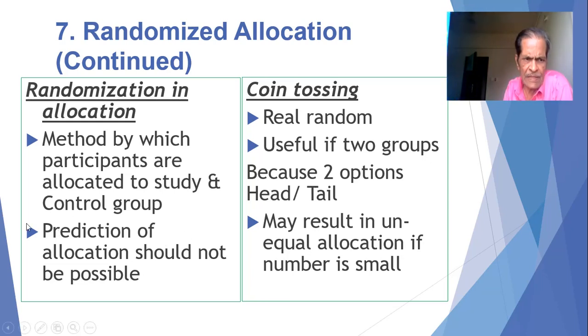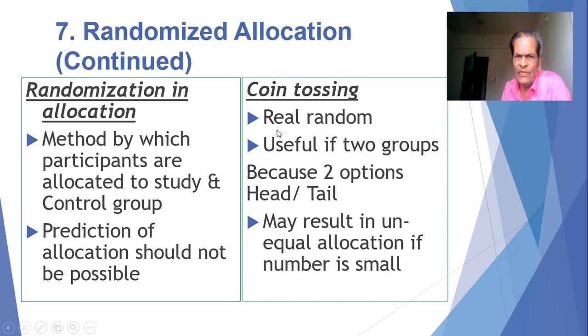The prerequisite is that the prediction of allocation should not be possible before it is actually done. So whether the person will go to the experimental group or to the control group, the prediction of this should not be possible to the principal investigator or the person undertaking the allocation. So that is the sole criterion to decide whether the allocation method is random or not.